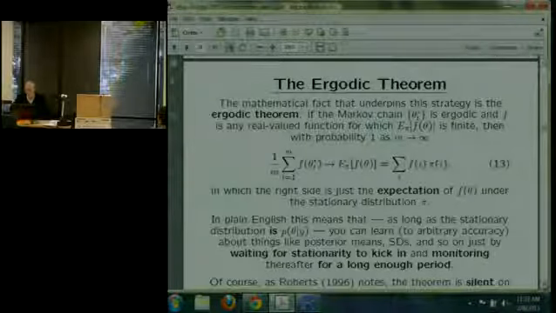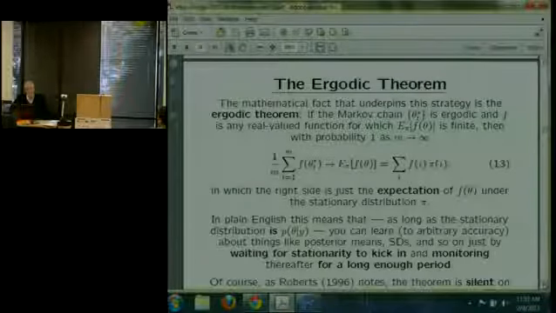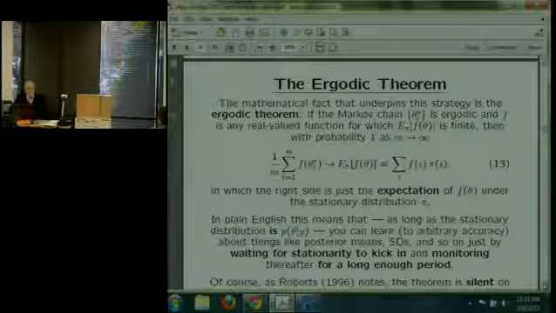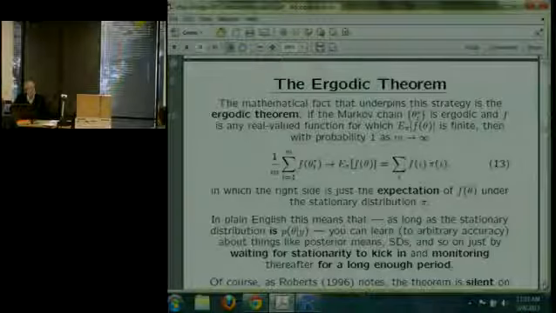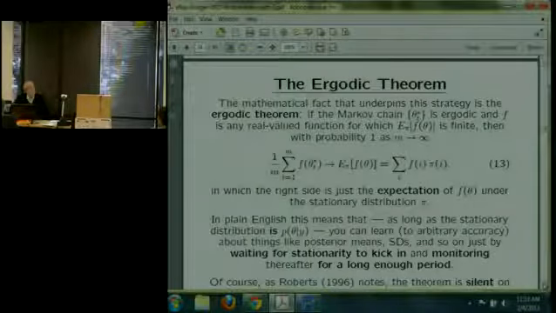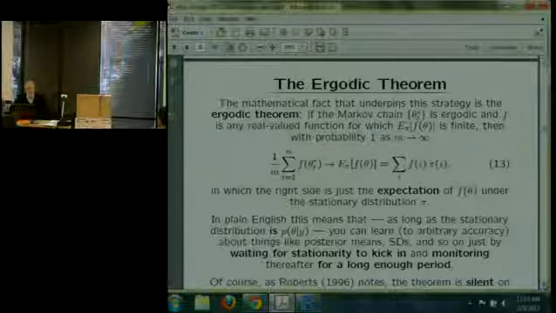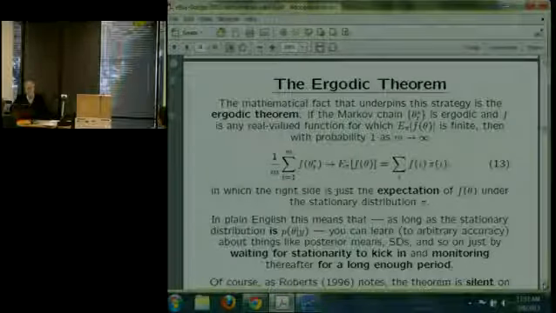And in plain English, that just means simply that as long as the stationary distribution is the target, you can learn to arbitrary accuracy about anything you want, like posterior means, standard deviations, and so on, just by waiting for stationarity to kick in and then monitoring thereafter for a long enough period. The ergodic theorem is a version of the weak law of large numbers.